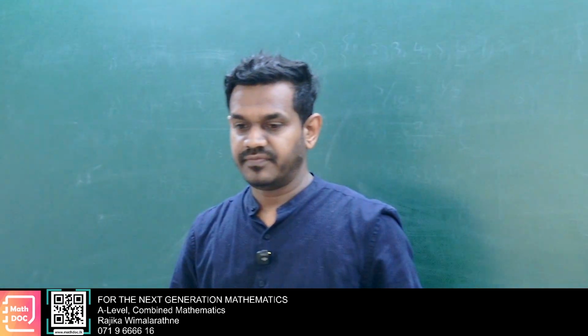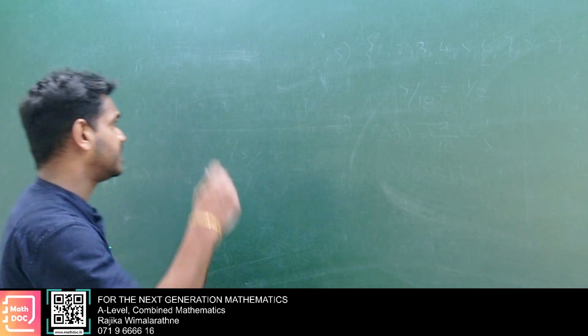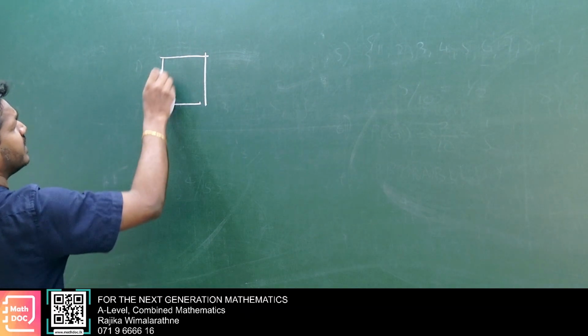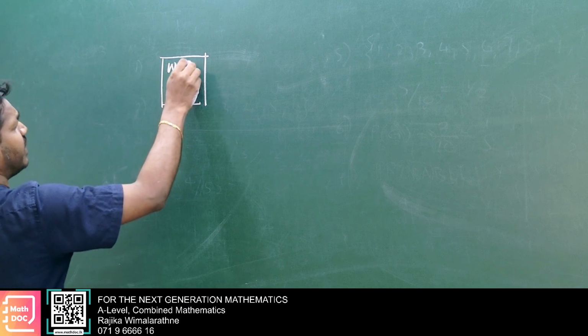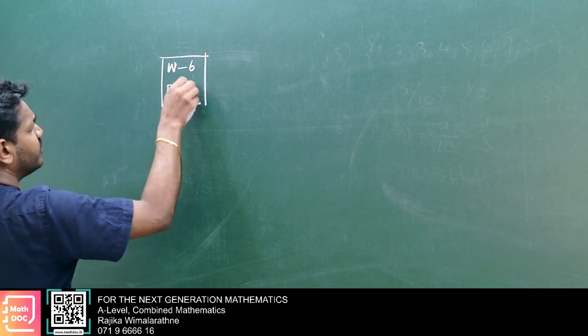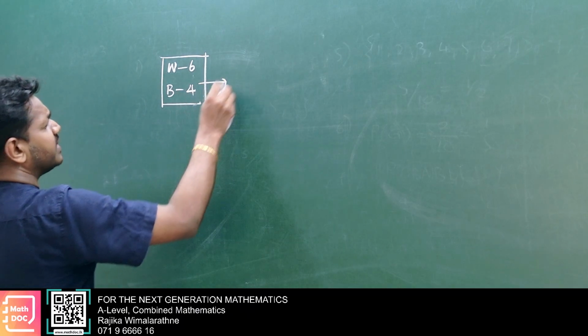Come to this example, okay? Now consider, you go to a new page. Here, white ball 6, black ball 4.